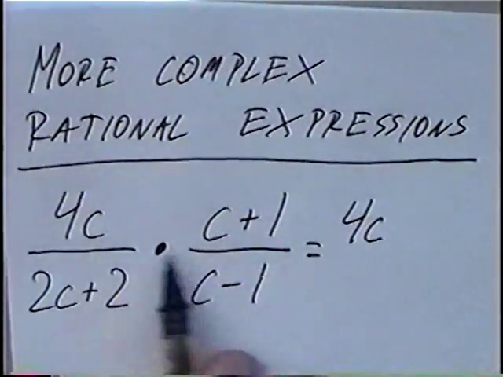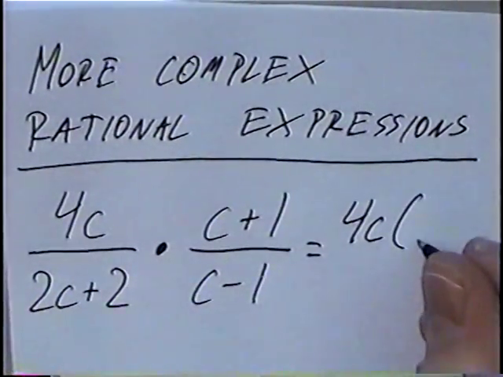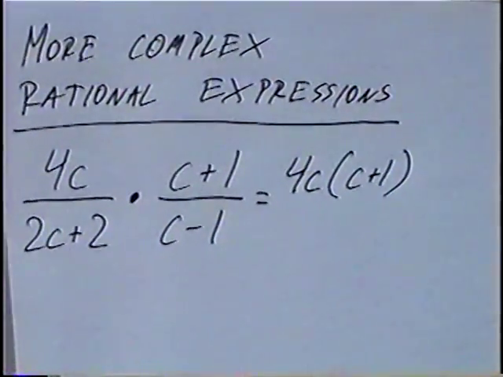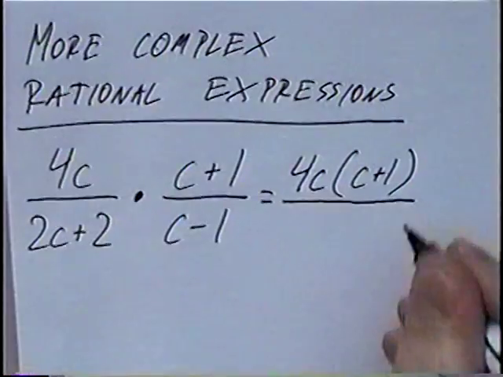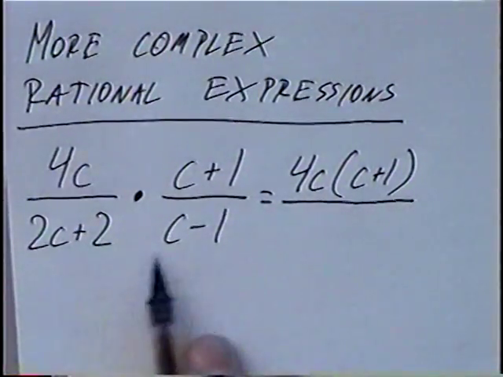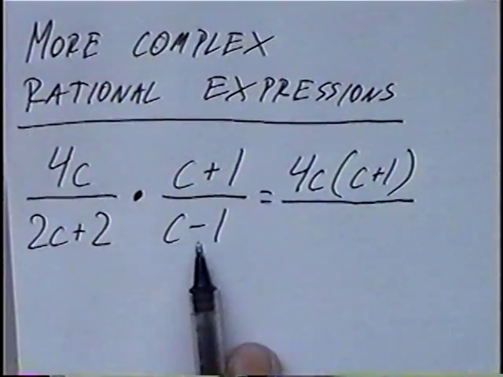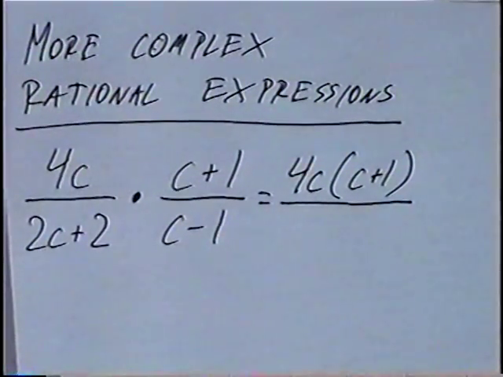So the numerator would be 4c times c plus 1. For the denominator, we have 2c plus 2 times c minus 1. Before we multiply, we want to check and see if any of these factor.